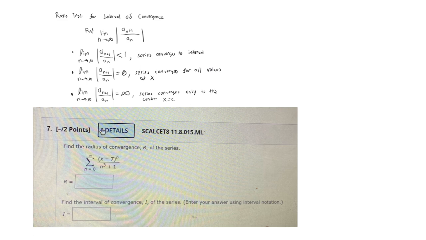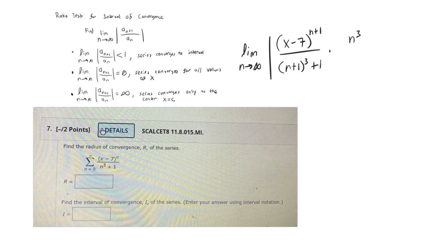Okay, finding the radius of convergence with this one, similar process. So it would be x minus 7, the limit as n approaches infinity of x minus 7 raised to the n plus 1 all over n plus 1 to the 3rd plus 1 times the reciprocal of the original, which is n to the 3rd plus 1 all over x minus 7 raised to the n.